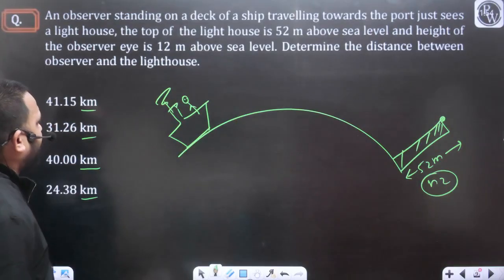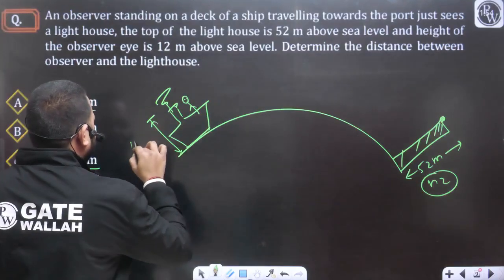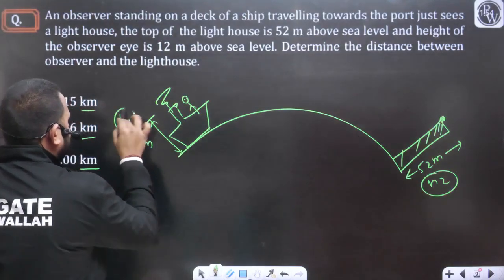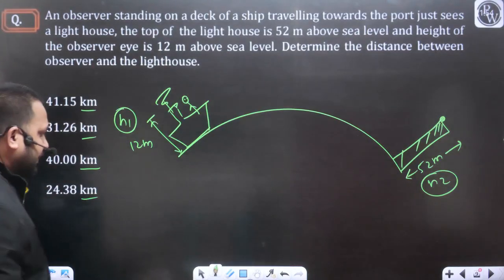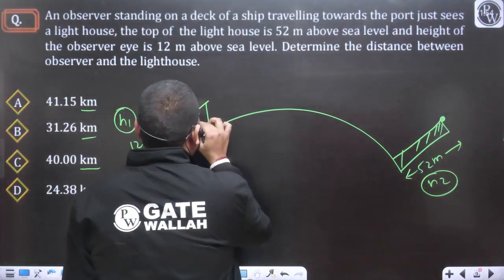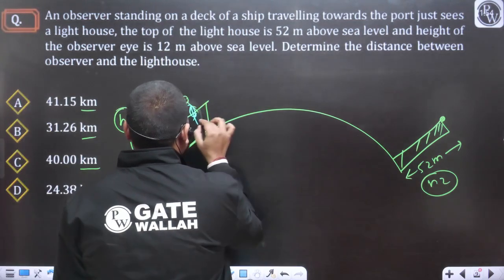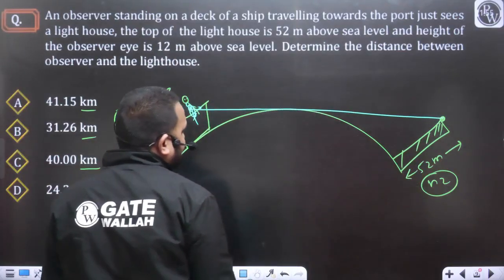And the height of the observer's eye level they have provided in the question as 12 meters. So H1 is given as 12 meters, yes or no? As per the question, from this position, this is the height H1, the observer just sees the light of the lighthouse.